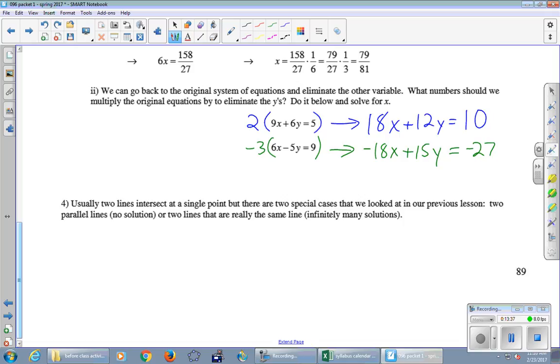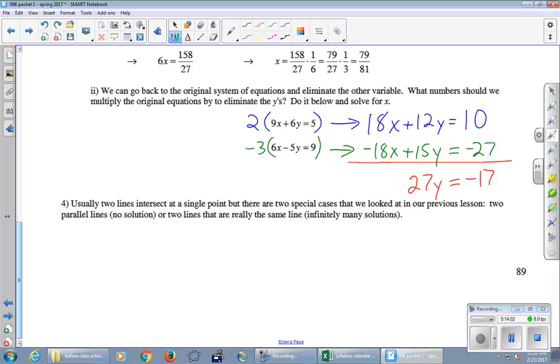So I've got 2 brand new equations equivalent to the 2 that we started with. But the nice thing is that we have built this in such a way that if you add these 2 equations, what happens with this 18x and this negative 18x? They just cancel. And that's great. And how many y's do I have when I add the y's? 27y equals, and then we add these, negative 17.